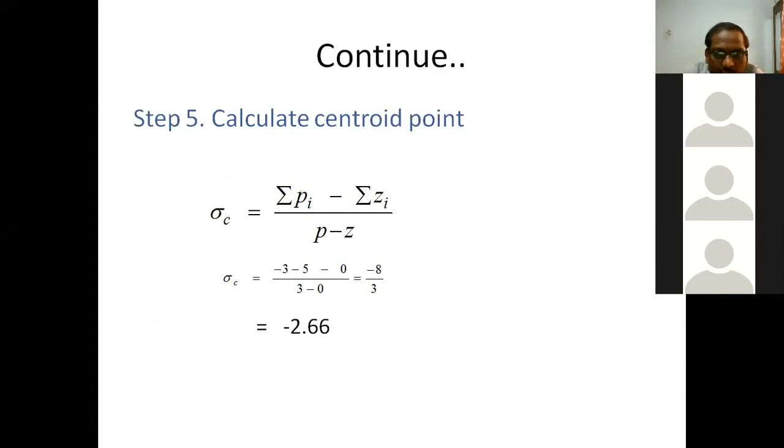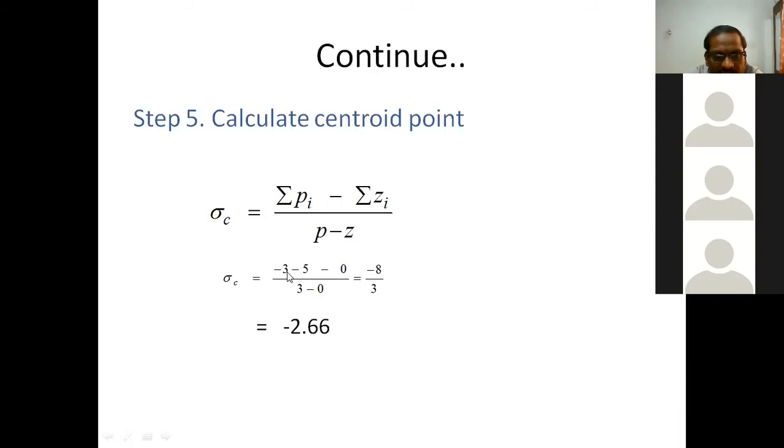To decide the centroid point, the formula is sigma c is equal to summation of pi minus summation of zi upon p minus z, where pi is the real part of the poles and zi is the real part of the zeros. So putting in the values, there are three poles. One is at 0, so its real part is 0.